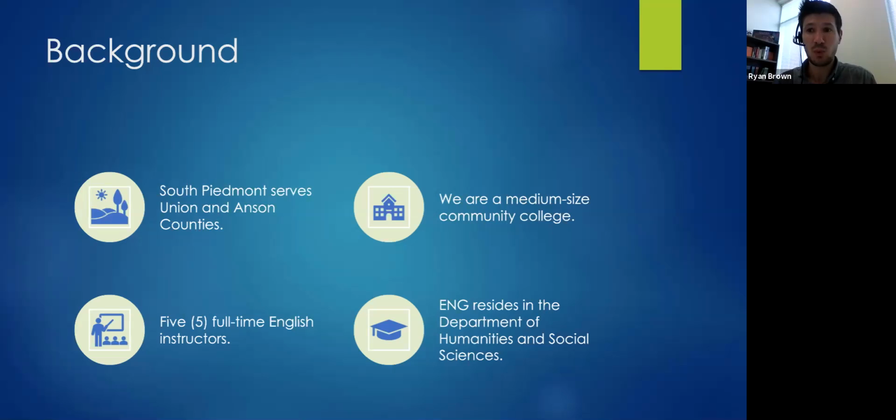Anson County is more rural and Union County is more suburban. And they can also vary based on socioeconomic standing, in which Union County enjoys a higher socioeconomic standing, while Anson County oftentimes experiences a lower socioeconomic standing.